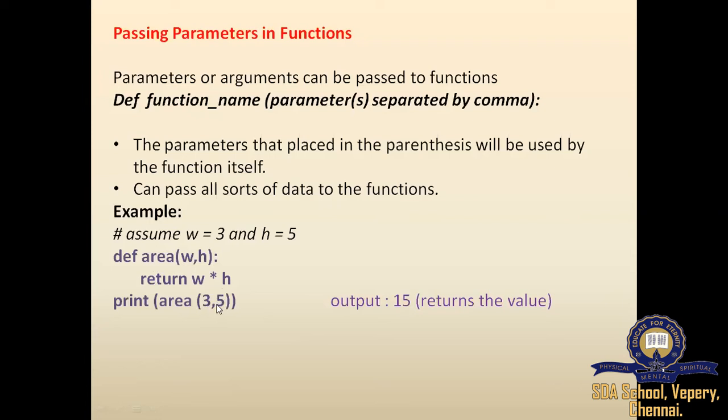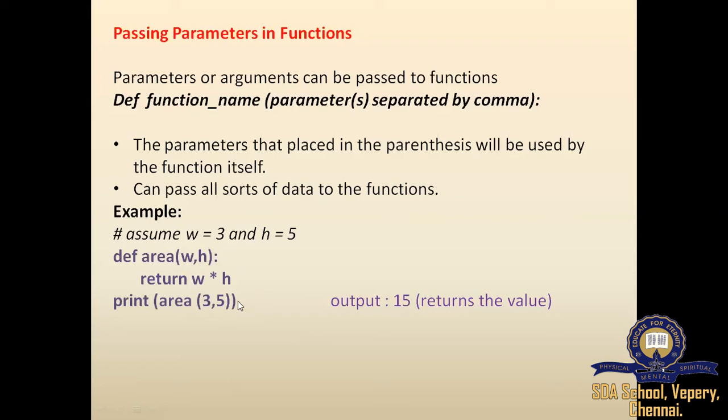So from the function caller, you come to your function definition. W will receive the value 3. H will receive the value 5. I'm calling this user-defined function area by its name. Under your print statement, when I'm calling, it is going to print the value 15 on the screen. So arguments are passed from the function caller, and those argument values are received by the parameters of the defined function.